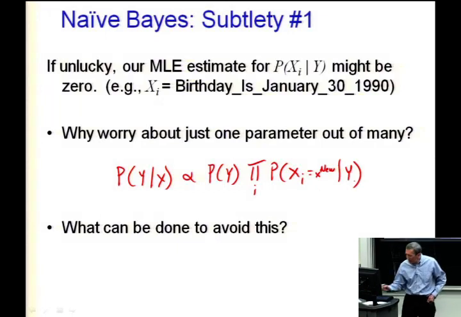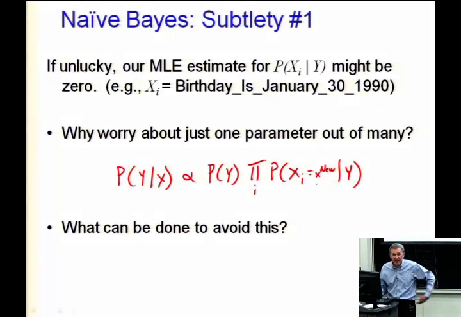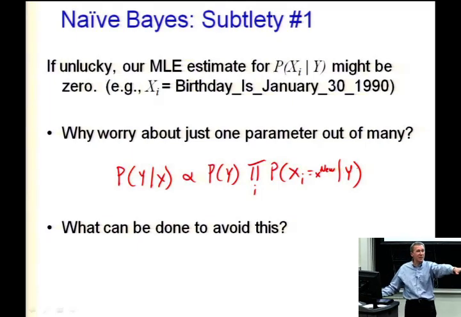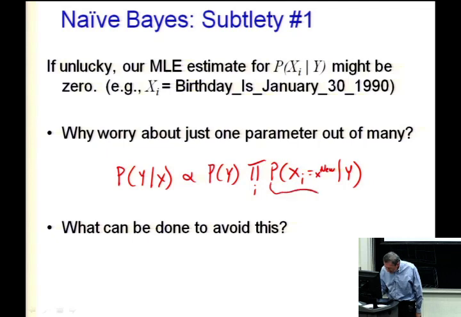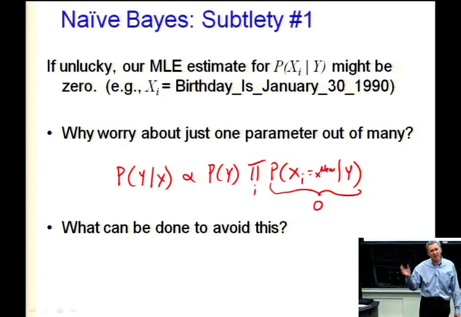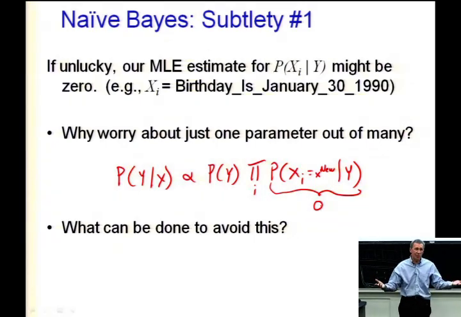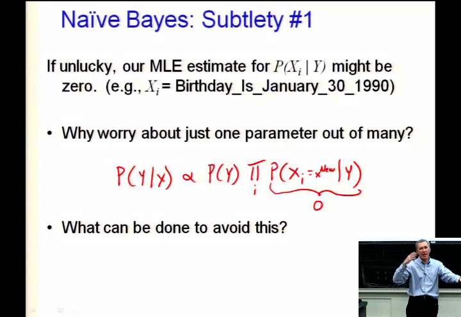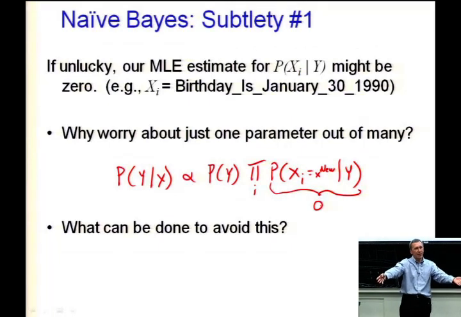And if the value we take on in the test examples is a new birthday not represented in here, then if we took our maximum likelihood estimates, we would get a 0. And that's a big problem. It's a big problem because it's a 0 in a product. So of course the product would now become 0. So just because you had a new birthday not represented here, we would think that it couldn't happen.